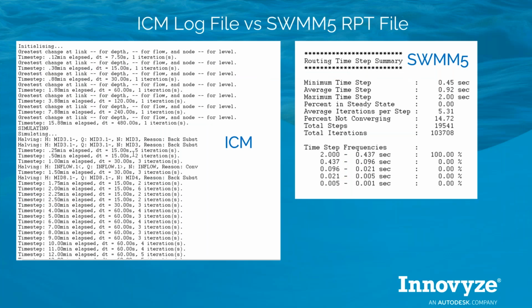So you can take a look at this. This is a log file of ICM. There's also a sort of log file in SWMM5. You can look at things like the time step frequency and the percent not converging. The percent not converging usually is pumps, so normally you don't worry about that.